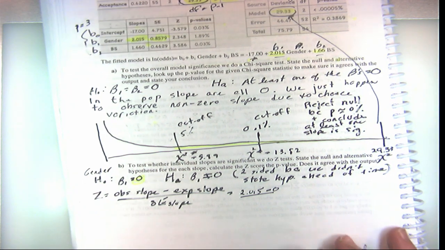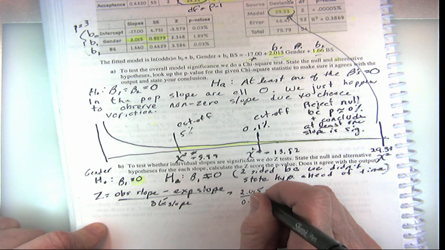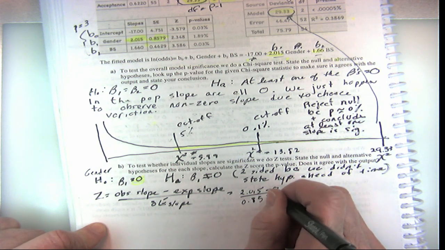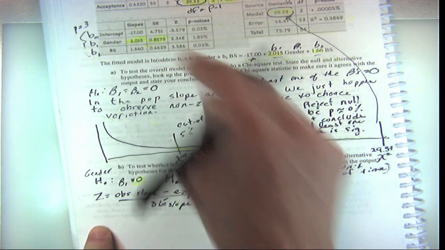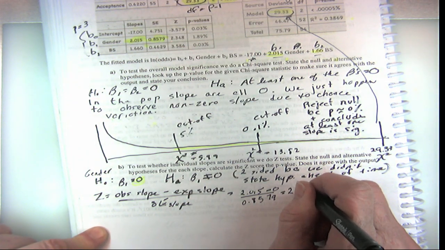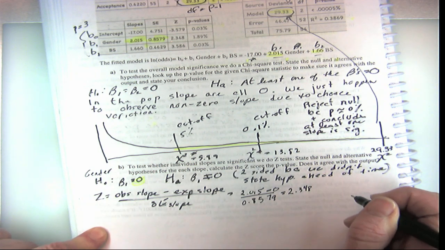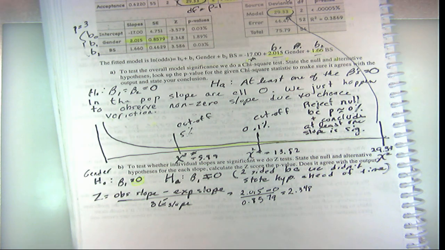So it will be given to you. You're not going to have to compute them. So there it is. And that's how they got the z-score, right here, 2.348. And they already did the p-value, but let's just check it, okay?